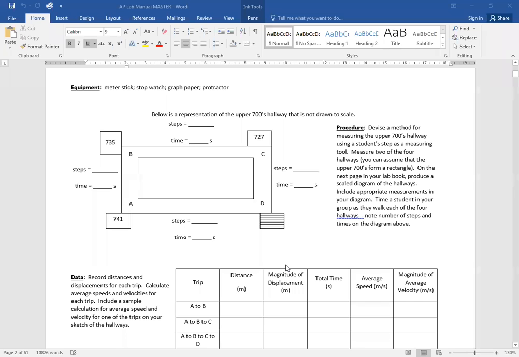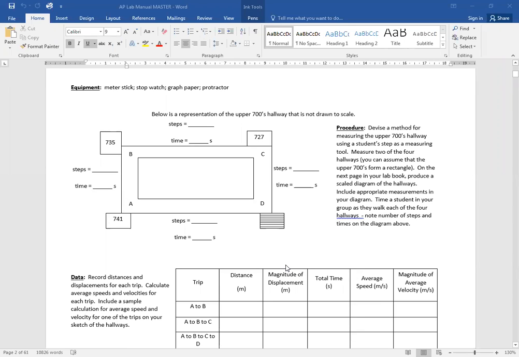Should have had this document open already. Okay. All right, so this is the document we're looking at.